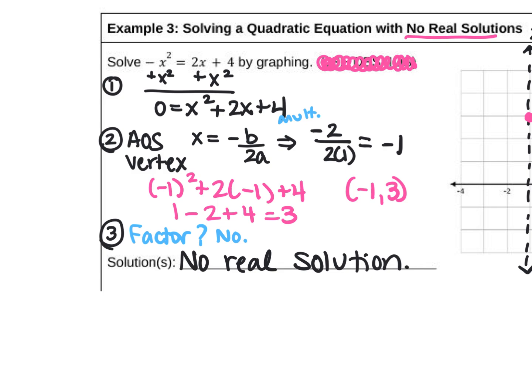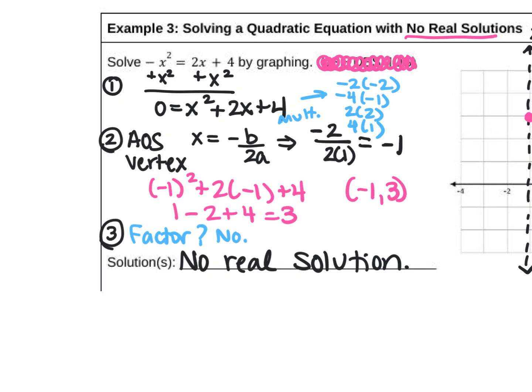Think about what multiplies to be 4. 4 times 1 or 2 times 2. Those are the only ways. Or negative 2 times negative 2, negative 4 times negative 1, 2 times 2, 4 times 1. Do any of those add to be 2? No, so it does not factor.